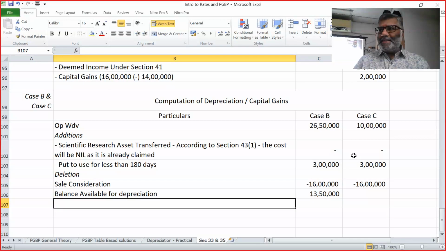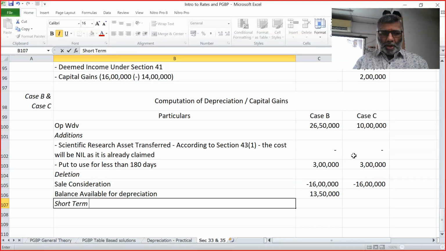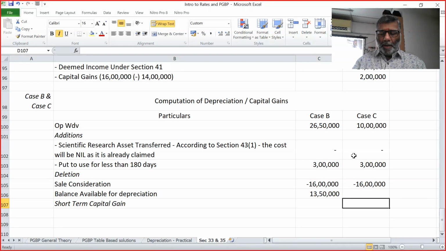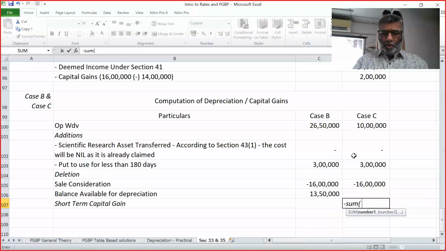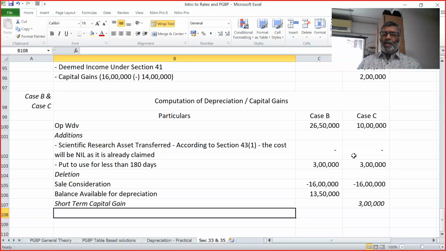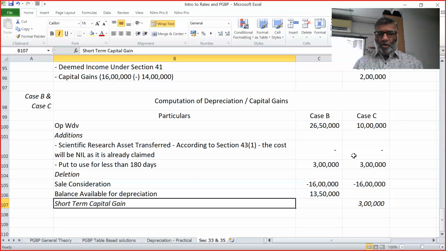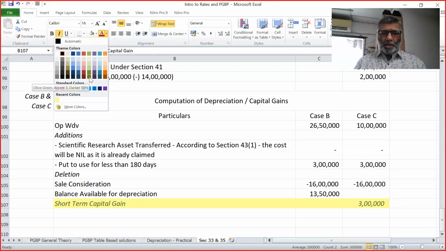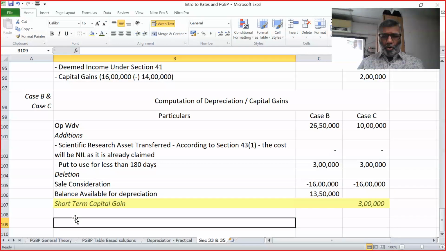The sale consideration exceeds the balance available. So I will get short-term capital gain. Since the block is ceasing to exist, I will get a short-term capital gain of 3 lakhs. Whenever you refer to the Excel sheets, short-term capital gain will be green, so that you will be easily able to plot.